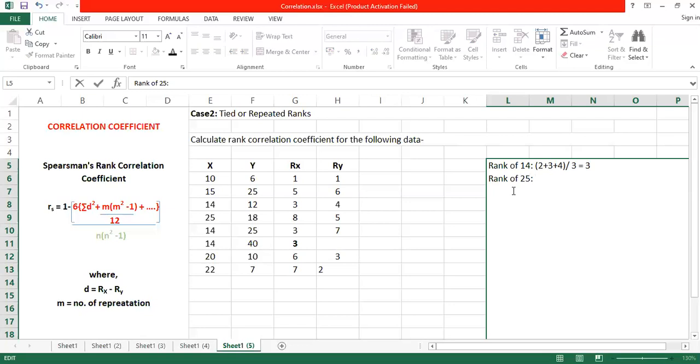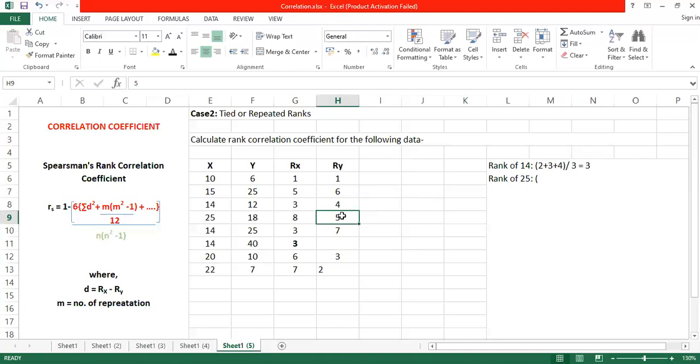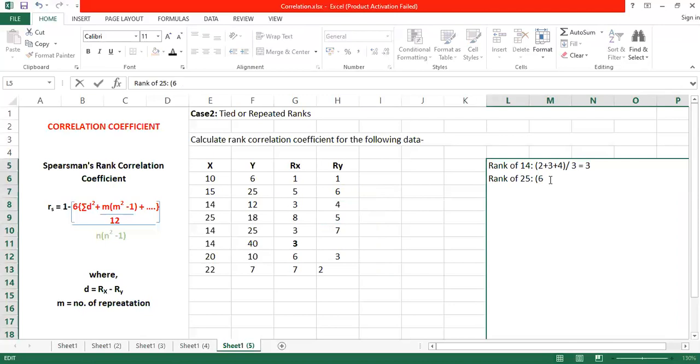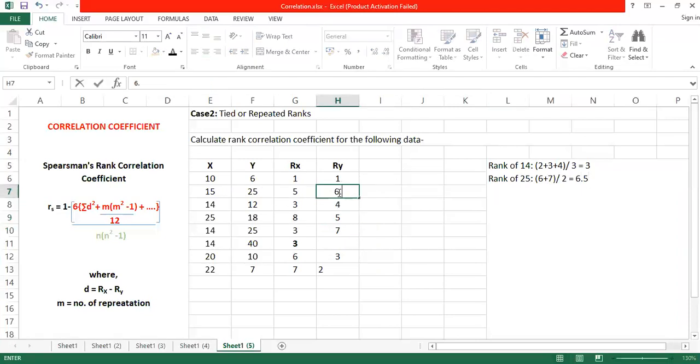One is 6, another one is 7. So it is 6 plus 7, and only twice it is repeated, so divided by 2, that means 6.5, right? So let us recorrect, it is 6.5.